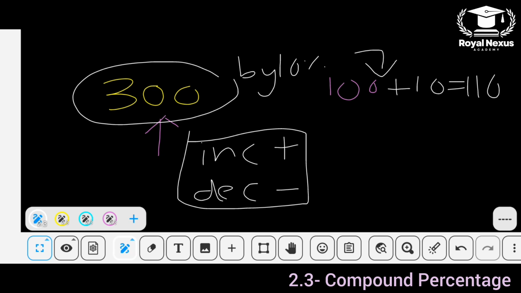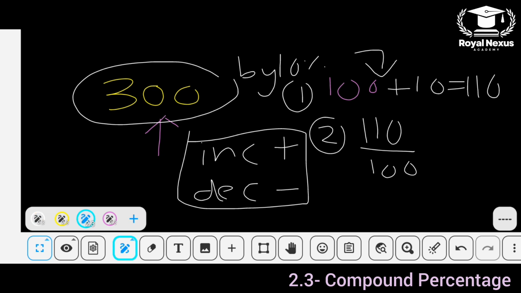The second step is that you need to divide this 110 by 100. So it will give you 1.1. Now this 1.1 is your multiplier. I'm just writing it in short, MULT. So now you have the multiplier, that is 1.1.